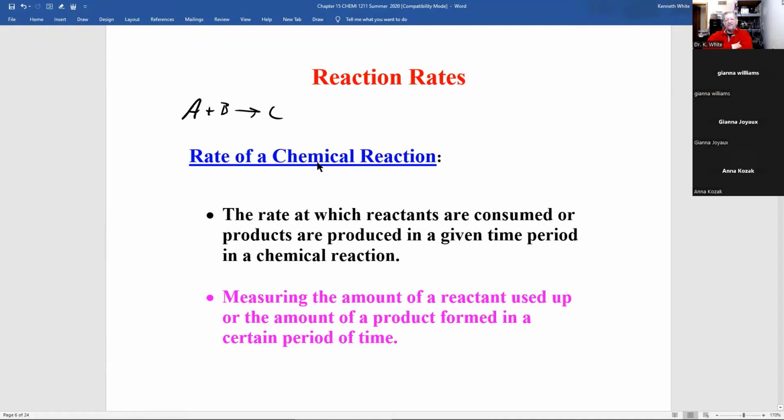Or do you have to wait a long, long time? Well, it turns out it could be both. Certain reactions are very quick and others are very slow.